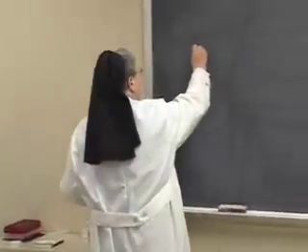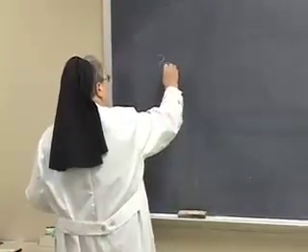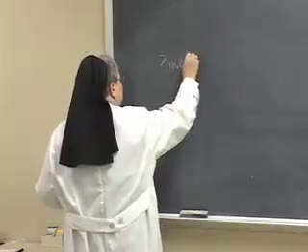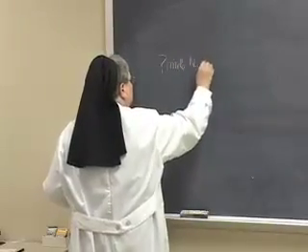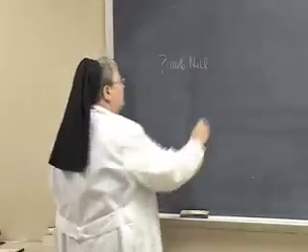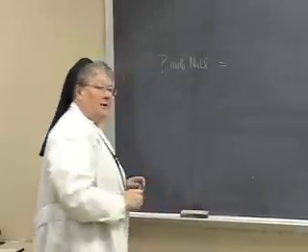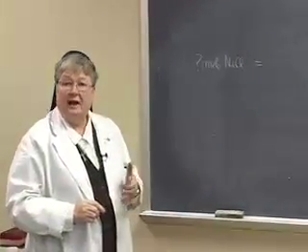I might ask you, how much is a half a mole of sodium chloride? So we do our problem this way: question mark, grams of sodium chloride. That's what we want. And what I'm given is a half a mole.